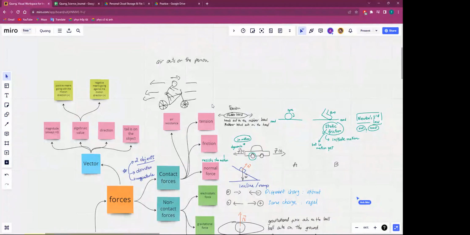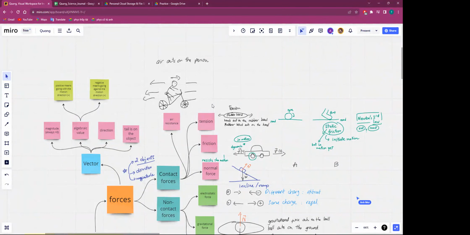Okay. So here, if you remember the direction of each force, demonstrating it as an arrow is okay. But I want to emphasize that for the normal force, the direction has to be perpendicular to the contact surface.